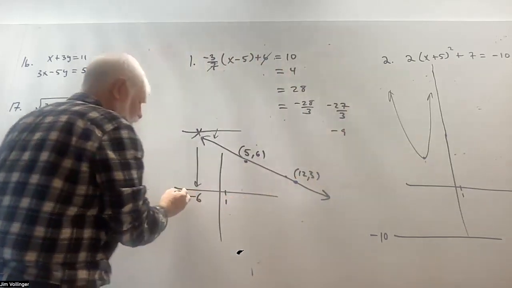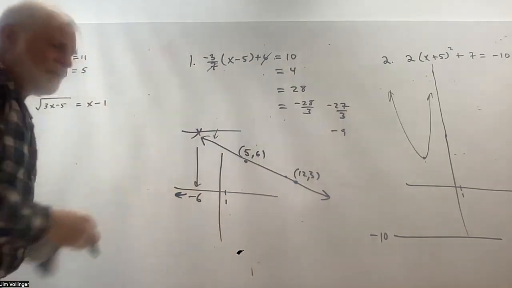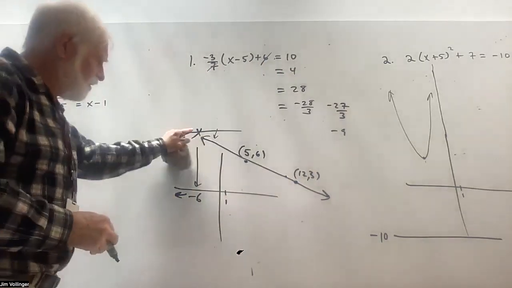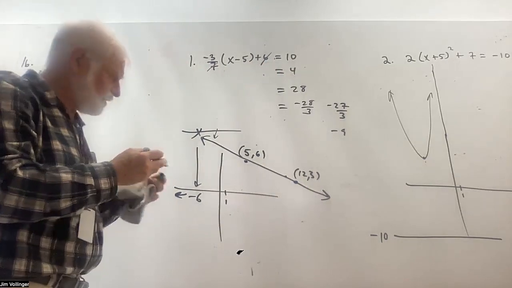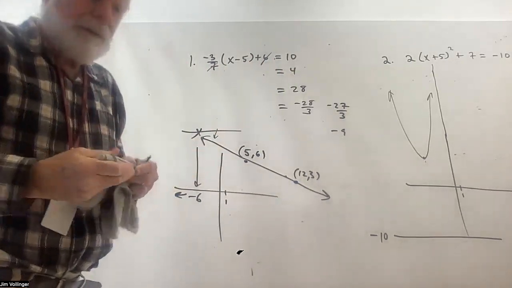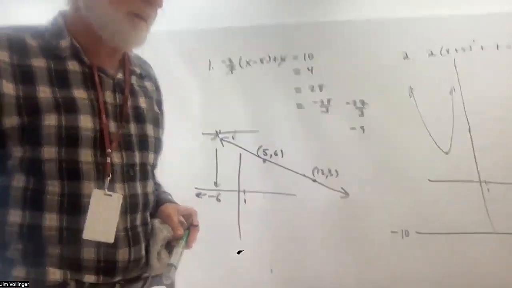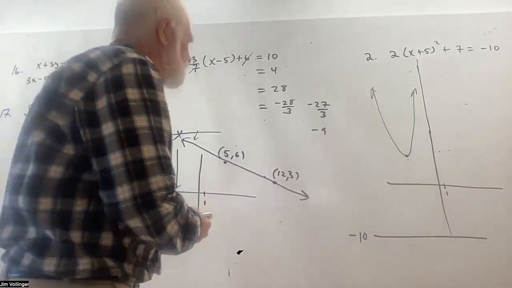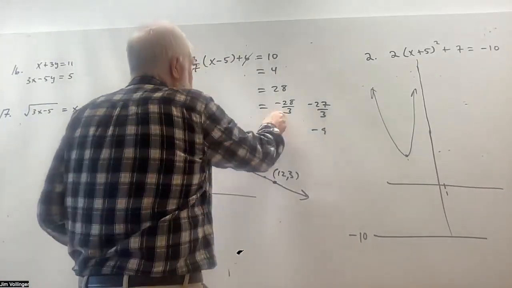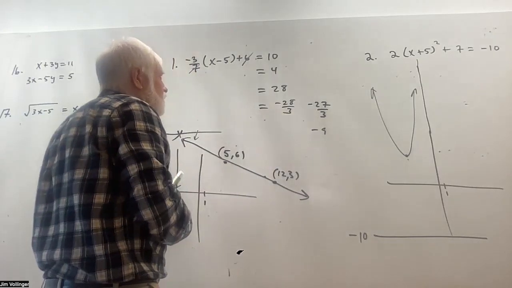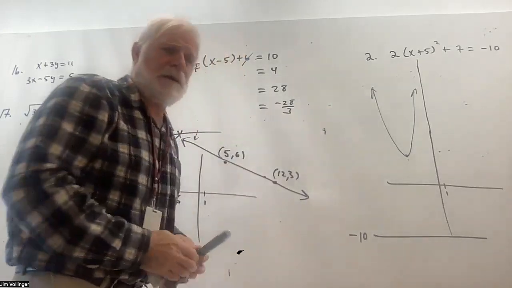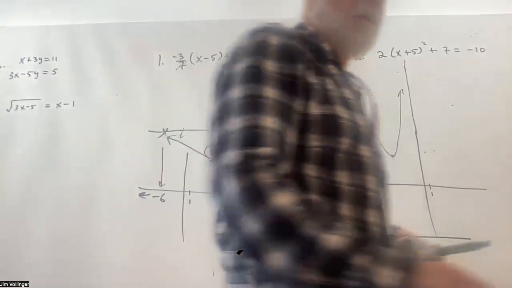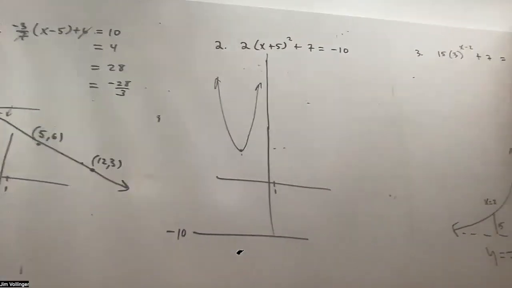So we're a little bit more towards this side, but hey, it's okay. I'm going to accept that. I'm in the right ballpark. Okay, so it was just a quick approximation. All right, so that's that answer. Did I ever answer it completely? Yes, I did right here. Minus 28/3.